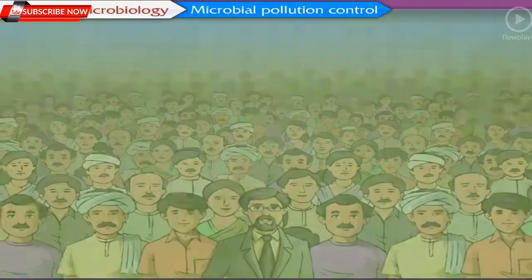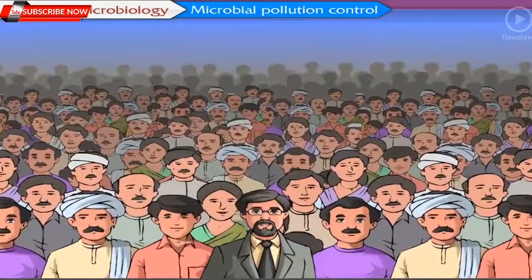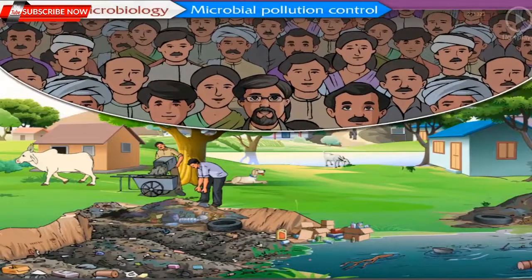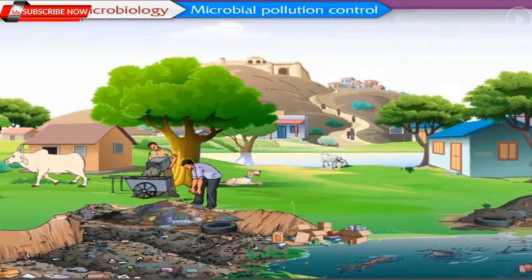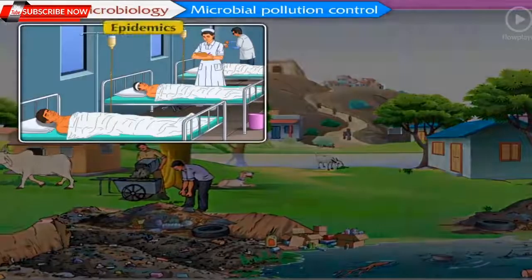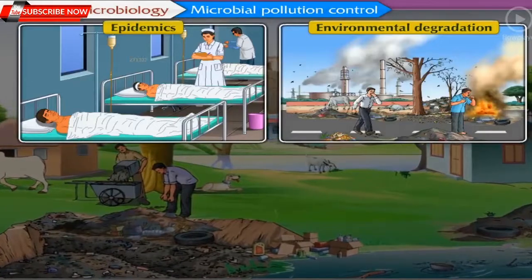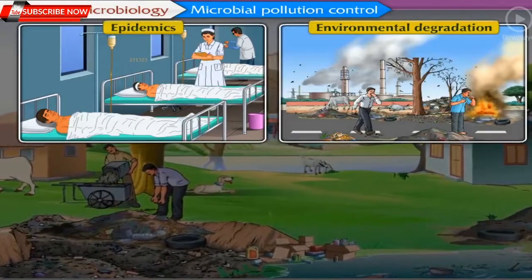Microbial pollution control. Along with the ever-increasing population, solid wastes, sewage, and various pollutants are also increasing. Along with these problems, epidemics and degradation of environment have also become global problems of today's world.